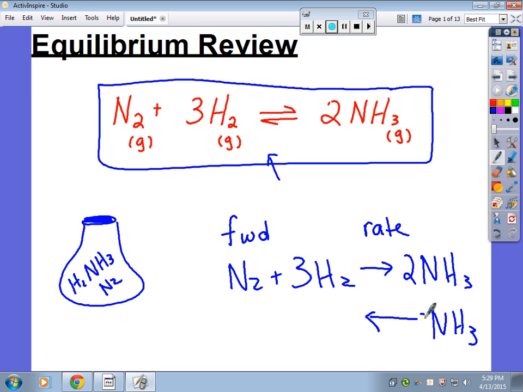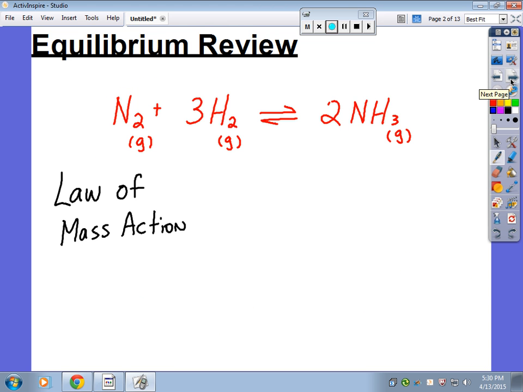And as the ammonia breaks down, it forms hydrogen gas and nitrogen gas. So there's a forward reaction and there's a reverse reaction. And the key thing about equilibrium is that the amounts are not equal. The key thing is that the rates are the same. The forward and the reverse reaction rates are the same.